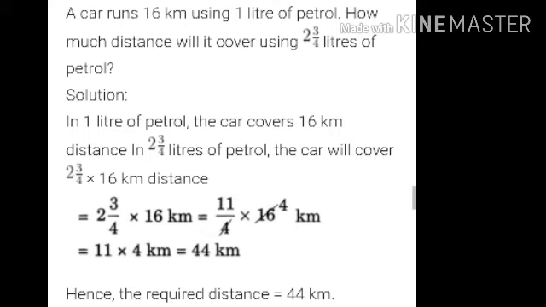So, in 2 3 by 4 liters of petrol, the car will cover 2 3 by 4 into 60 km. 2 3 by 4 is converted into an improper fraction, so we get 11 by 4. 11 by 4 into 60, cancel 60 and 4. We get 15 as the numerator. Then 11 into 15, we get 165. Hence, the required distance is 165 km.